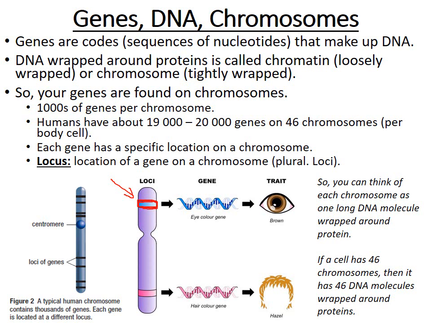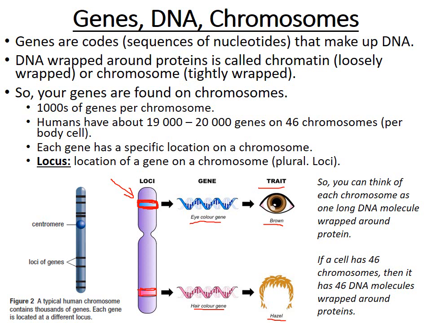This gene on the DNA found on this chromosome might be a gene for eye color, and it codes for brown. Over here we have another gene on some other area on a chromosome, and that codes for hair color, and it just happens to be hazel hair. So your chromosomes contain your DNA, and your DNA contains your genes, and those genes are the instructions for what you should look like.